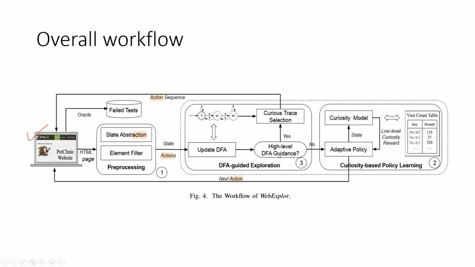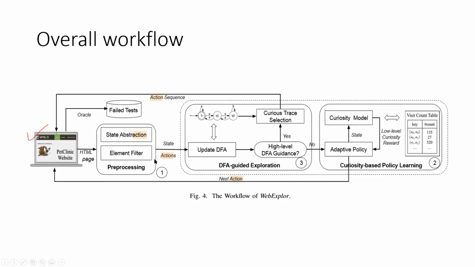And then if they require high level DFA guidance, they will basically, okay, I don't understand what this part is doing, but basically what they will do is they will use the policy to select a state, update the model, and then this will give the policy a reward to update the policy, and it will go back again. The next action after the next action.